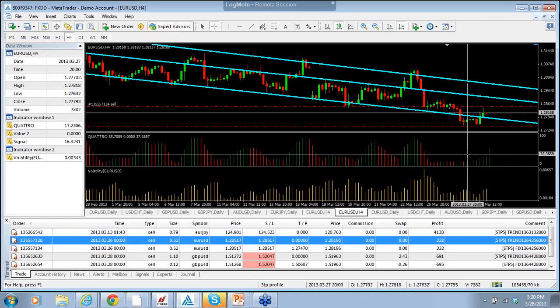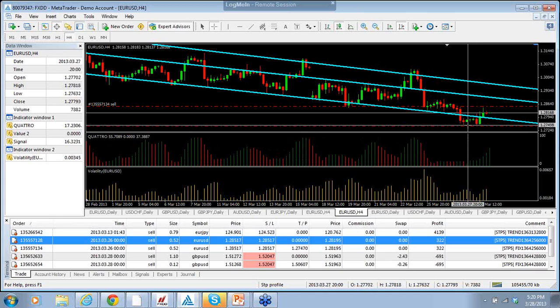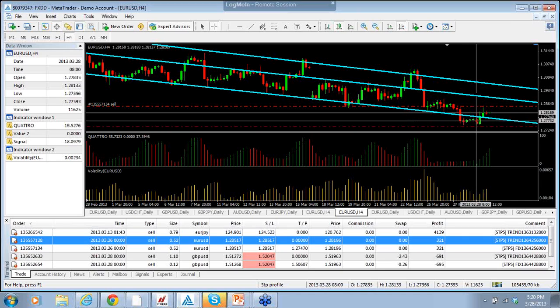Here's our buy, looking for 34 pips. Buy at 1.2779. That means we're looking for 1.2813.